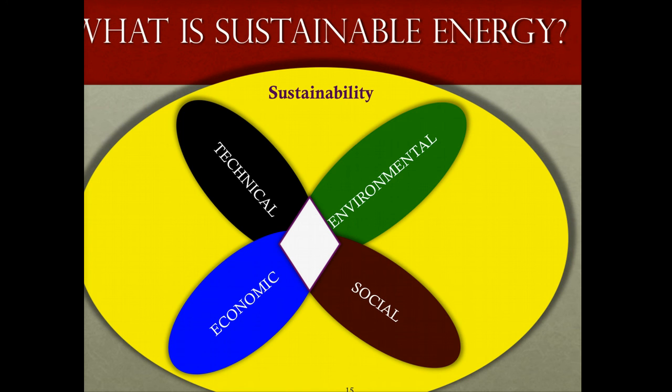As you can see, there is no easy answer to the question, what is sustainable energy? The answer depends on who you ask and what their preferences are. Do they care more about technical sustainability, economic, environmental, or social? Or do they care about all four? Even within each component, there are a variety of questions to be answered, and it is very difficult to answer all of them at once.